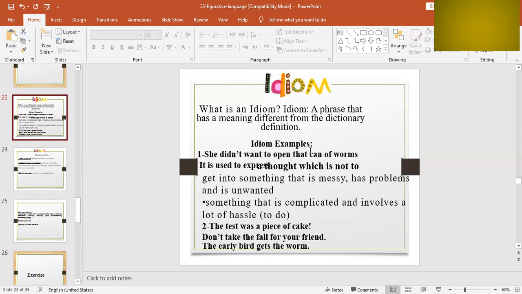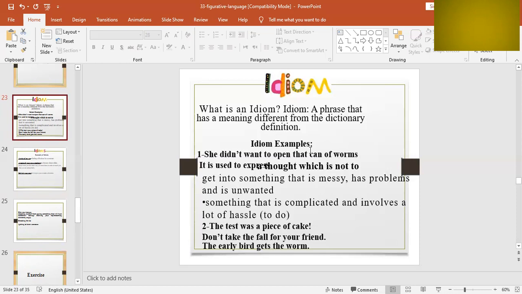I don't want to start something messy or that causes me problems. This is what we mean by she didn't want to open that can of worms. Or we mean something complicated, complex, and involving a lot of problems and hassle.